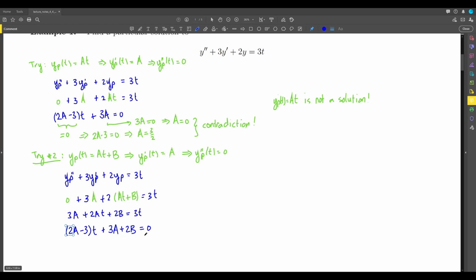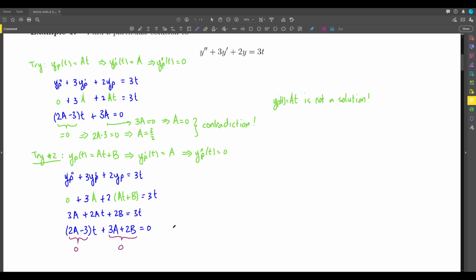Now this has to hold for all t. So just as before, we have to have that 2a - 3 = 0, and that will make this term 0 for any t. And then this has to be 0.